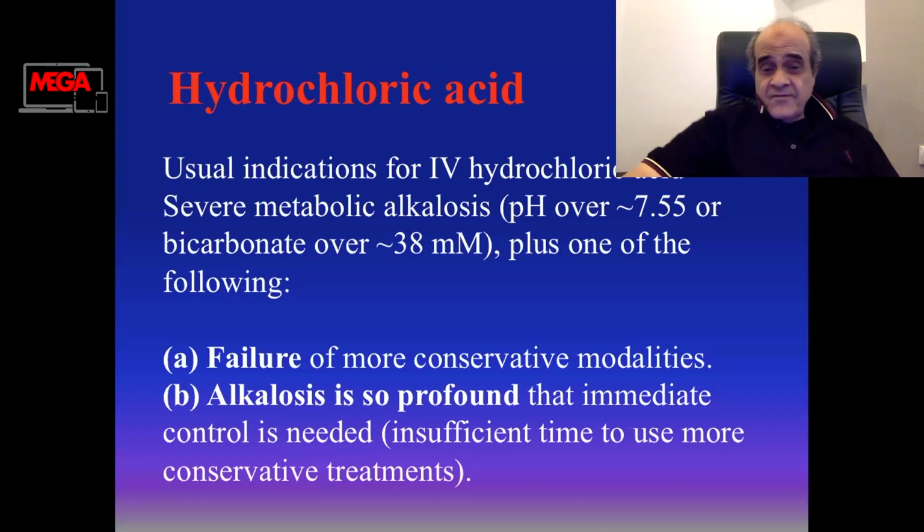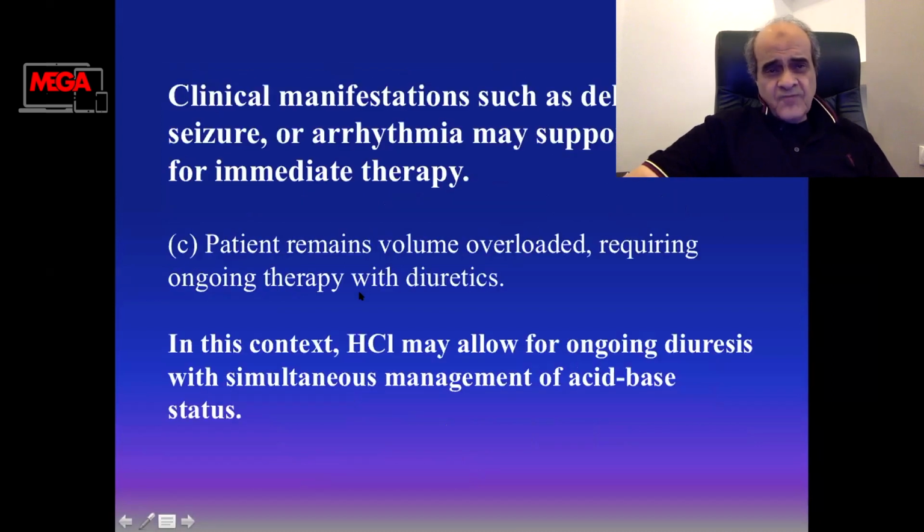If the other conservative modalities are not effective and the alkalosis is so profound that immediate control is needed, with some sort of arrhythmia or some sort of CNS depression, and you can't use dialysis, you can use HCl. And actually there is a protocol for using HCl, and you have to infuse it through a central venous catheter, and be sure the catheter is in its site through X-ray film.